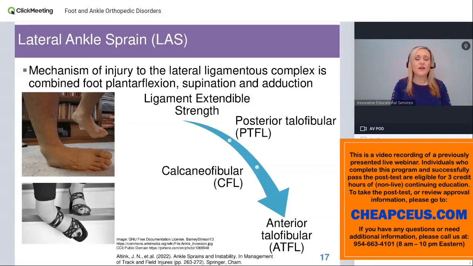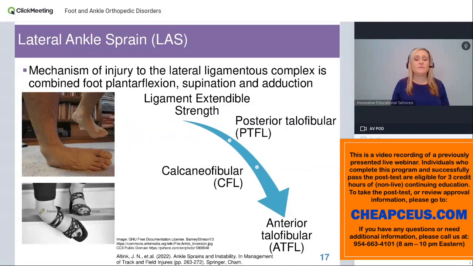Lateral ankle sprain, our first pathology. Specifically, as we were discussing, the orientation of the fibers plays a role in the pathology and the development of the injury. Historically, what we think of is this individual who is wearing those high heels, where that talar surface is outside of the ankle mortise.